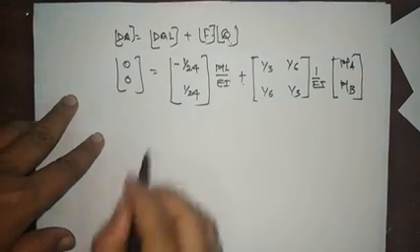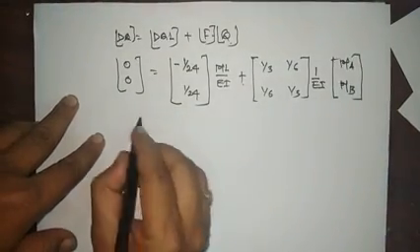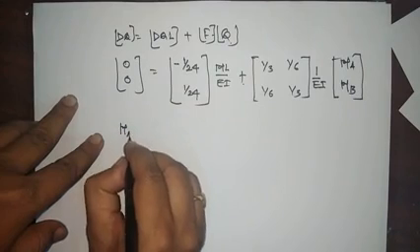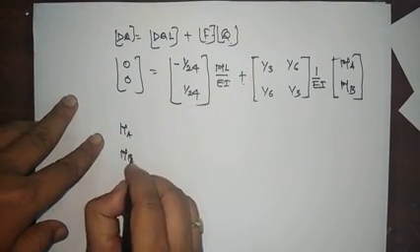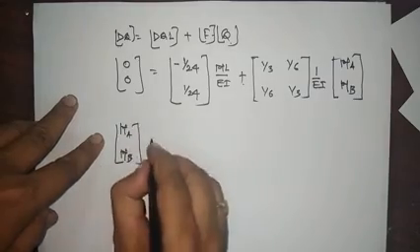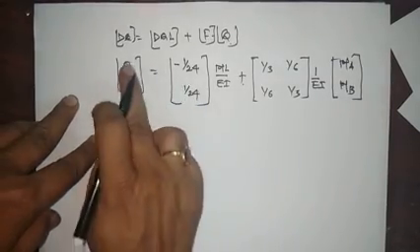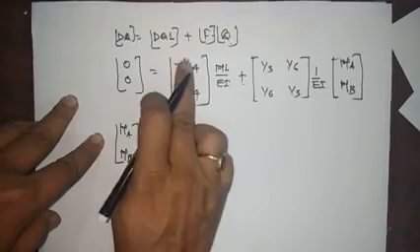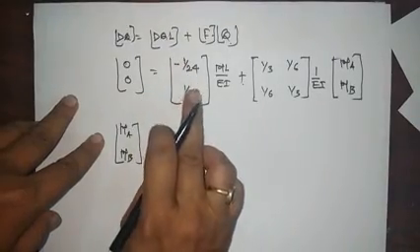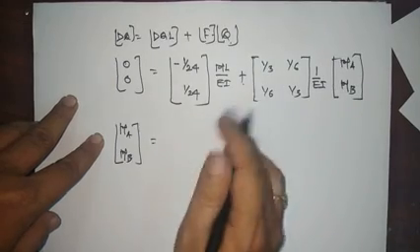Okay, so now if you directly solve for MA and MB, this is 0, 0 minus this, so this becomes plus and this becomes minus.